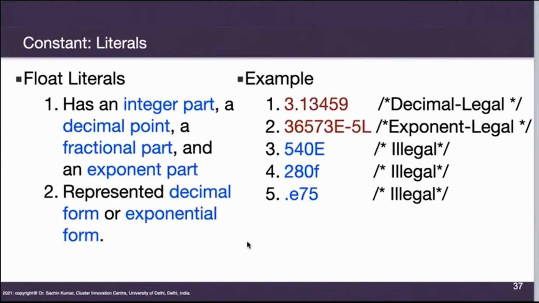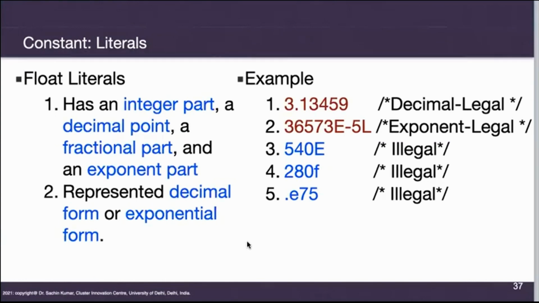In floating point literals, as given in the example, you have an integer part and a decimal part, and you also have an exponent. To represent these, you can use the formats displayed in red: you can write 3.13459 in this format, or you can write it in exponent format, in which you write your integer value, then the exponent, and tell the length of that exponent.